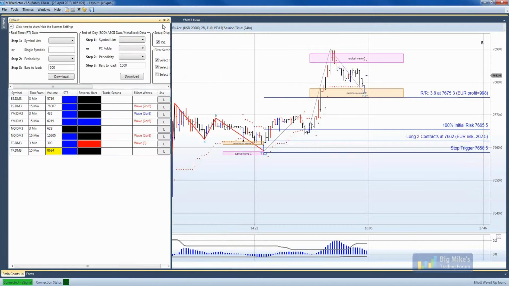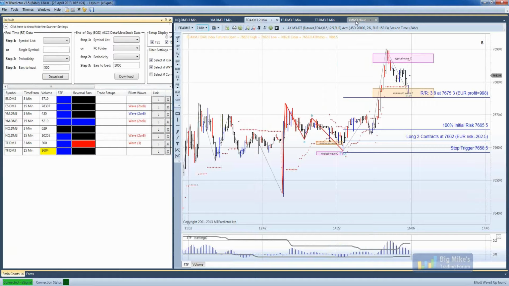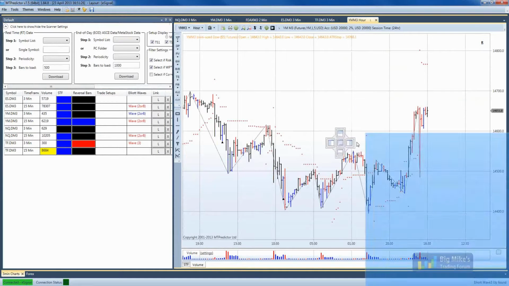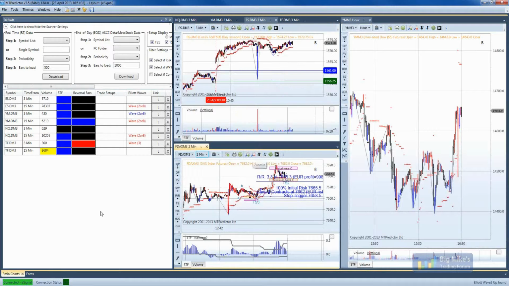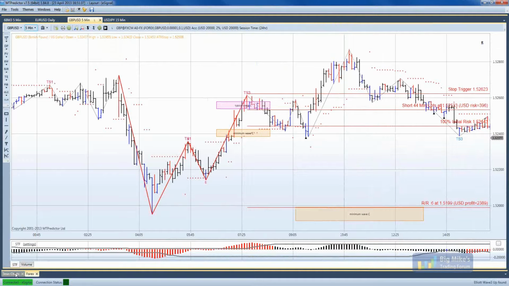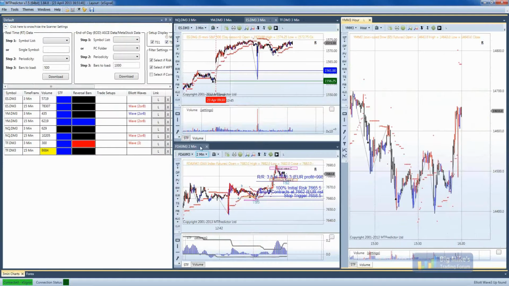You can have it docked where it is, so we have all our charts in tabs like this. You can bring your charts around as you wish and stack them and organize them however you want. We have workspaces down the bottom that you can organize your charts in as well, so you can have different workspaces. Once you've got your charts here, you can grab them, you can float them like this.